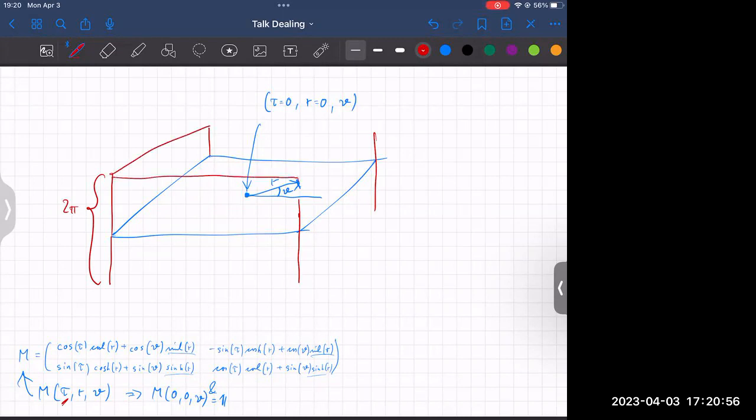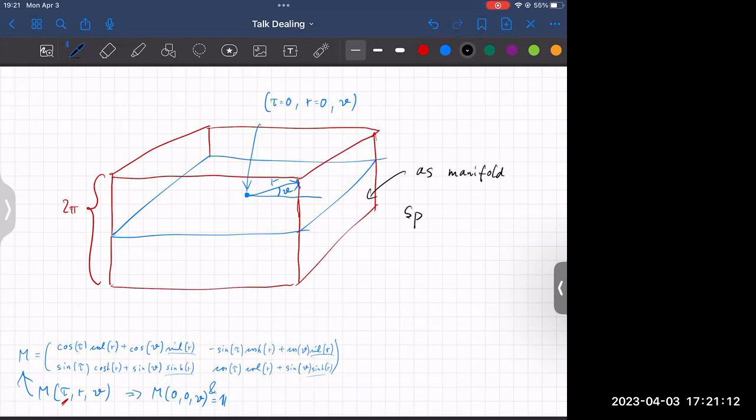So as a manifold, we have that SP2R is equal to a plane, which is R2, tensor product S1, or of course you could also write it as U1.